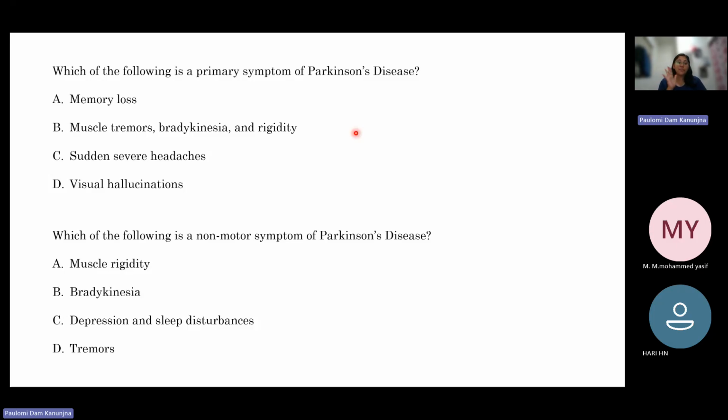So what is the first problem or primary symptom of Parkinson's disease? I think this is very easy to understand. Second one is, which of these is a non-motor symptom of Parkinson's disease? Okay, one is B. Parkinson's motor means movement. Anything which is not to do with movement is non-motor.